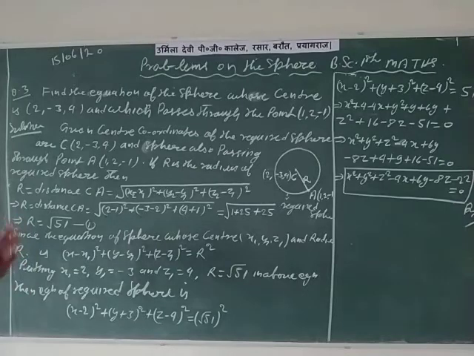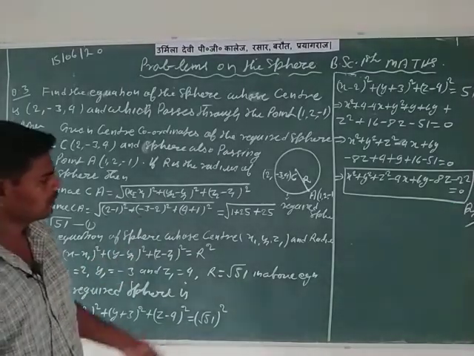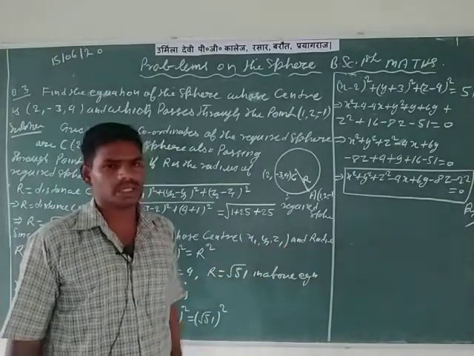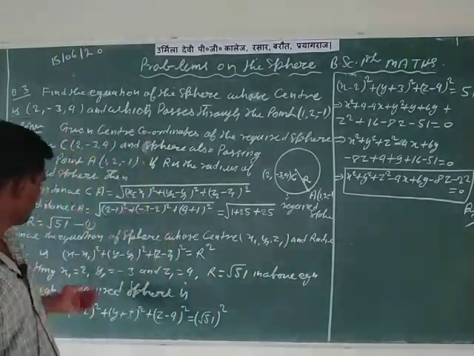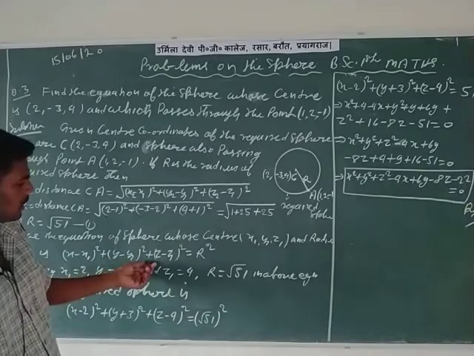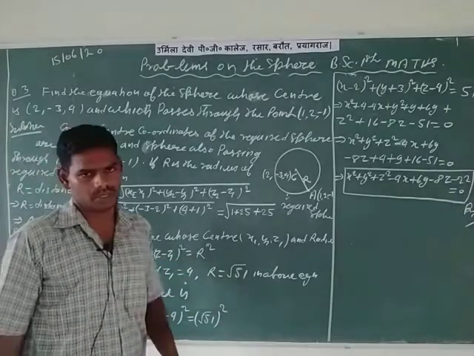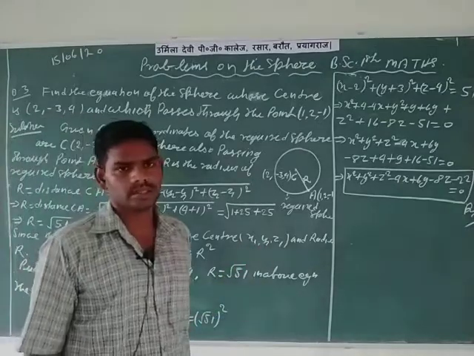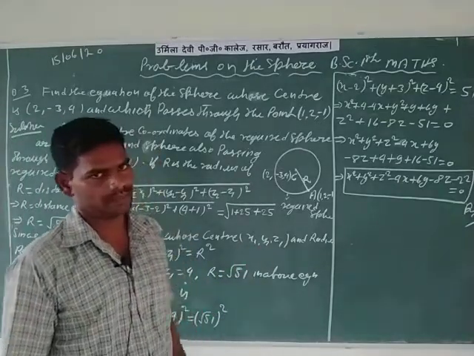After that, write the equation of a sphere whose center coordinates are x1, y1, z1 and radius is capital R. By theory, it is x minus x1 whole square plus y minus y1 whole square plus z minus z1 whole square is equal to R square, which is the equation of a sphere whose center and radius are given.